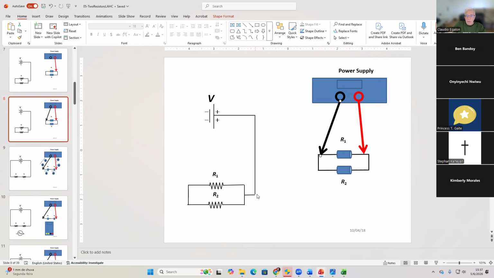Let's leave it this way. And when we close the circuit, the diagram becomes something like the following.